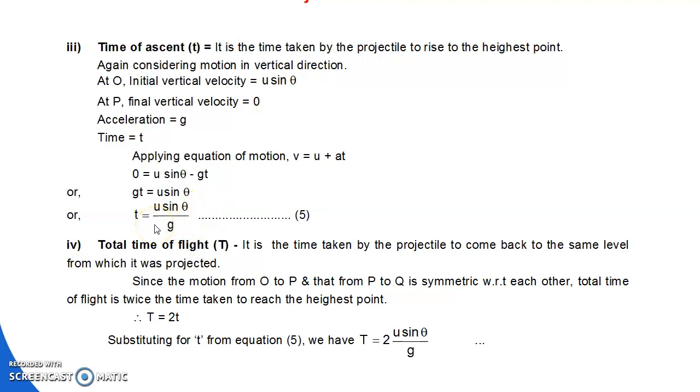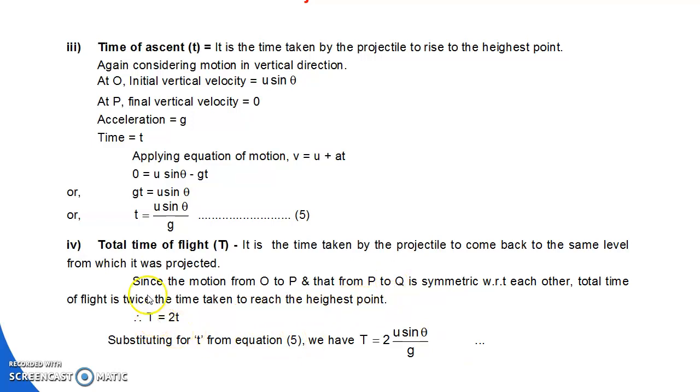So what is the total time? Since the motion from O to P and from P to Q is symmetric in nature, the time taken from O to P is exactly equal to the time taken from P to Q. So the time of ascent is exactly equal to the time of descent.